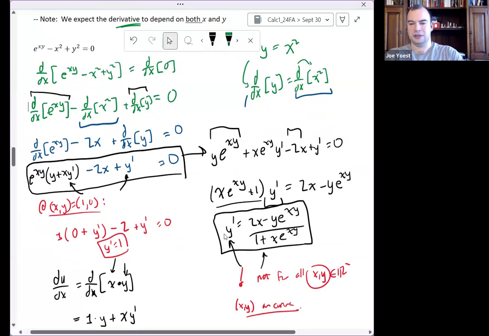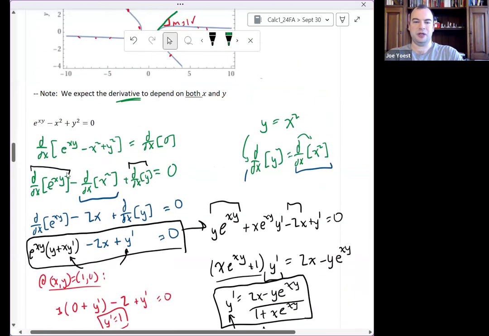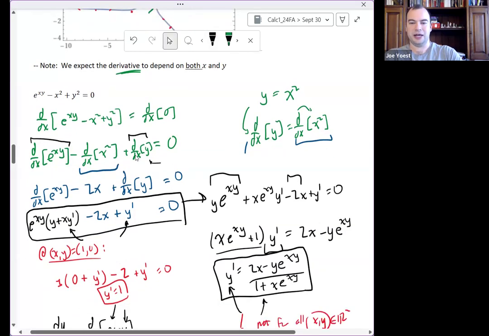I erased it now, but I made this xy into u and took d by du of e to the u times du dx, using my chain rule once there. And then also, a slightly tortured view of d by dx of y, thinking of that as d by dy of y times dy dx. But again, that concept is what we apply more generally.